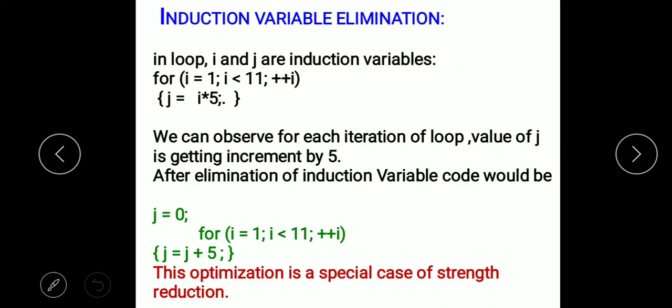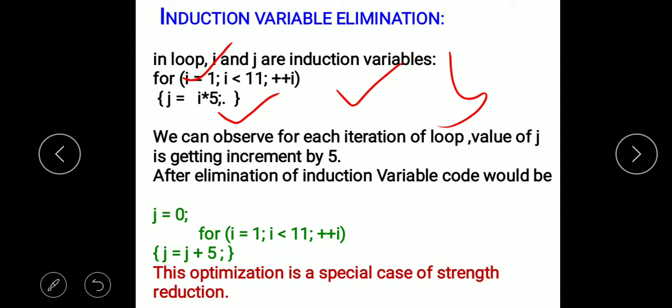Look here. As we know, in this source code, every time for a value of i, j is incremented by 5. If you observe this code, you would find out that for every value of i, j is incremented by 5 every time the loop is executed.